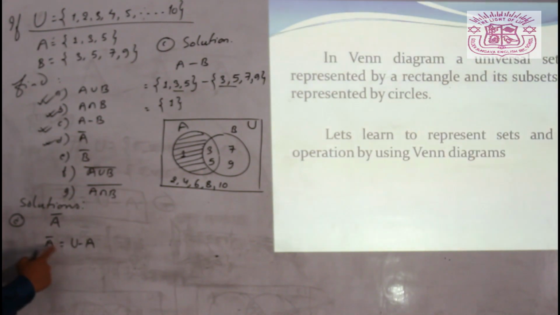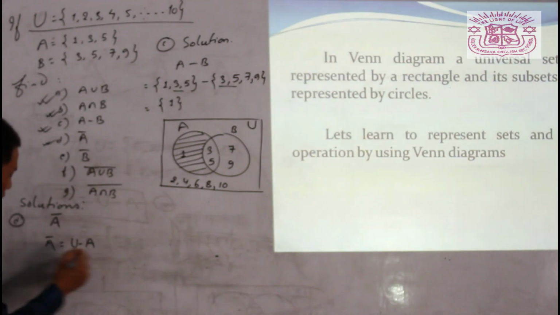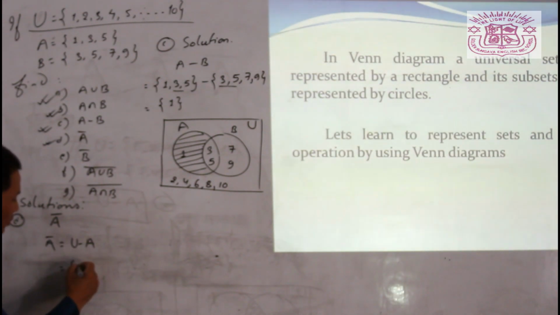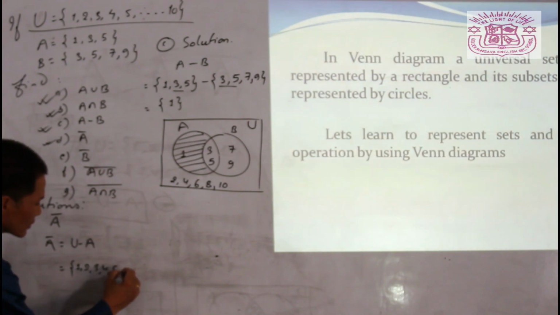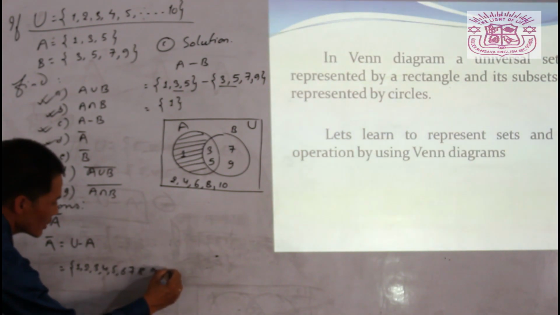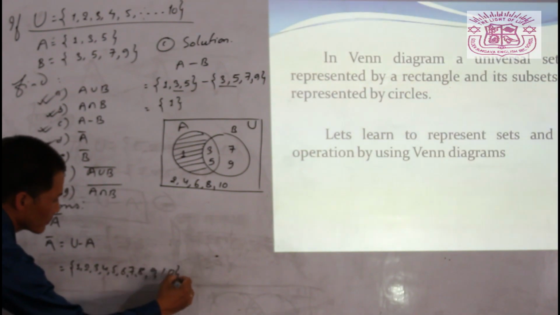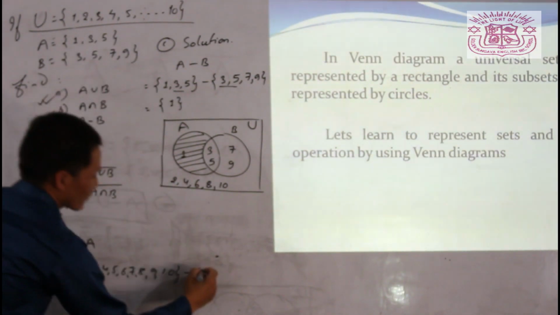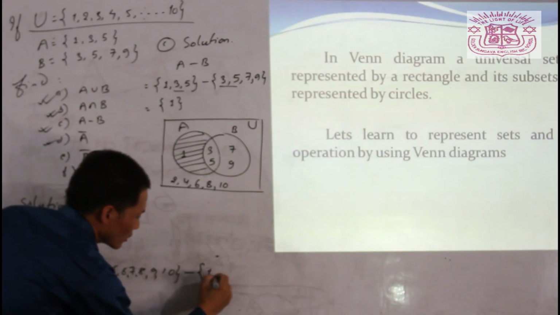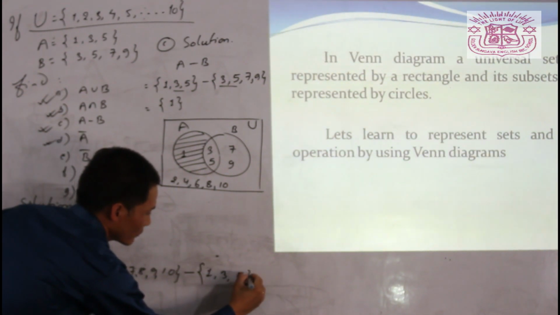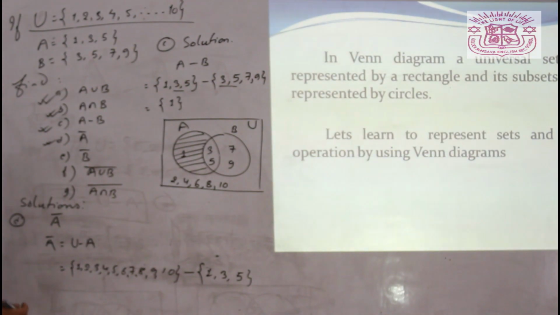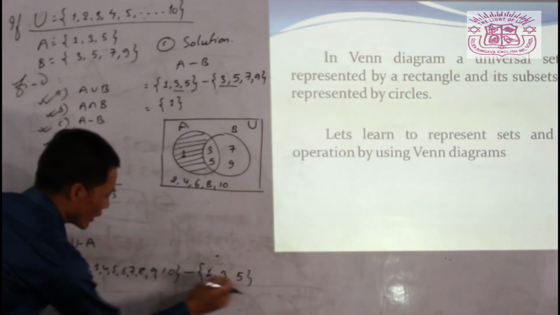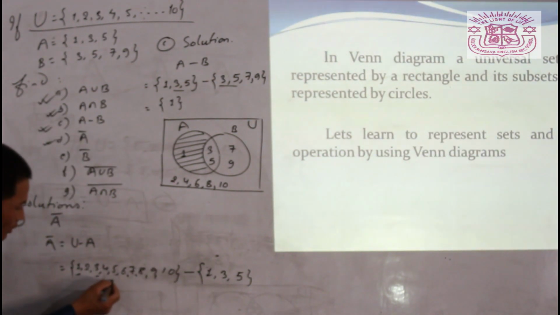A complement means U minus A. So write the elements of U: 1, 2, 3, 4, 5, 6, 7, 8, 9, 10. And the elements of A: 1, 3, 5.